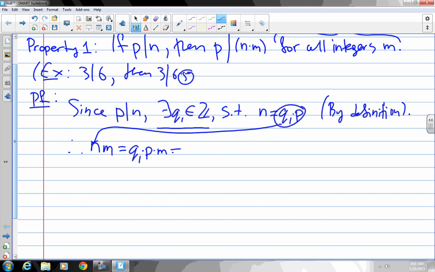Or I can say P times Q1M, so this is some integer, Q, so therefore we get P times Q. So NM is written as a multiple of P. So therefore P divides NM.